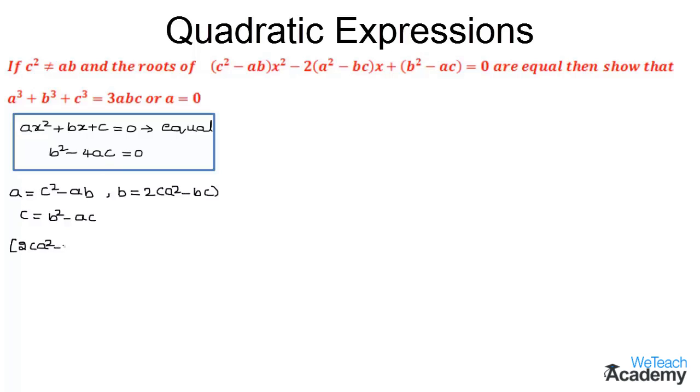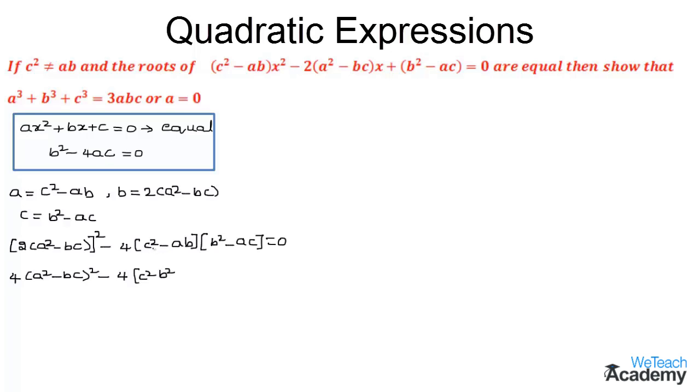So we get here 2 into a square minus bc whole square minus 4 into c square minus ab into b square minus ac is equal to 0. Let us simplify this equation. We get 2 whole square as 4 into a square minus bc whole square, minus 4 into, and now let us multiply the group c square minus ab with the group b square minus ac.